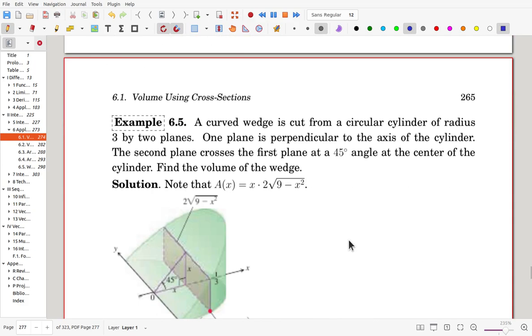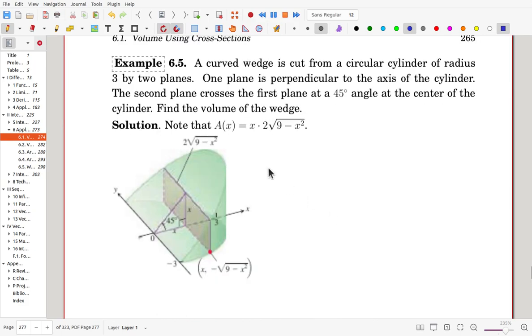Let's go to another example. A curved wedge is cut from a circular cylinder of radius 3 by 2 planes. One plane is perpendicular to the axis of the cylinder, and the second plane crosses the first plane at a 45-degree angle at the center of the cylinder.